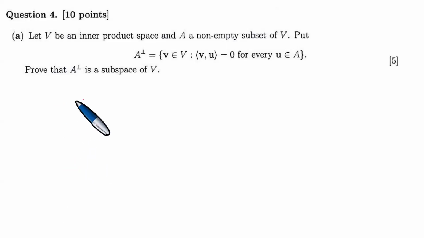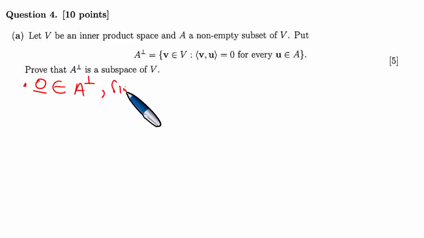Obviously you need to observe that if you say the 0 vector is here, you allow this V to be 0, and then you take the inner product of 0 with U, surely the inner product of 0 with U is going to just be 0. So now the first point, you need to say the 0 vector is an element of A perpendicular.